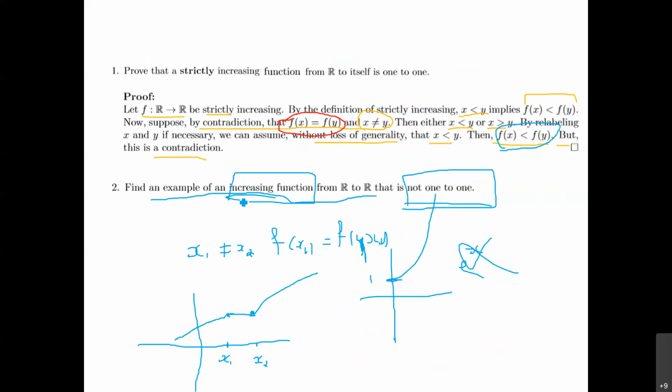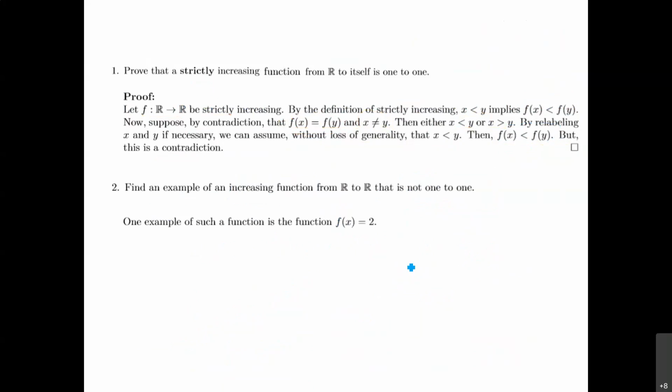Remember, it's not saying strictly increasing. You have to be careful with the words. It's just saying increasing function. And this, yes, is an increasing function. It was constant here, but it wasn't decreasing. It's still increasing. So that's an example. Or the function f of x equals 2.